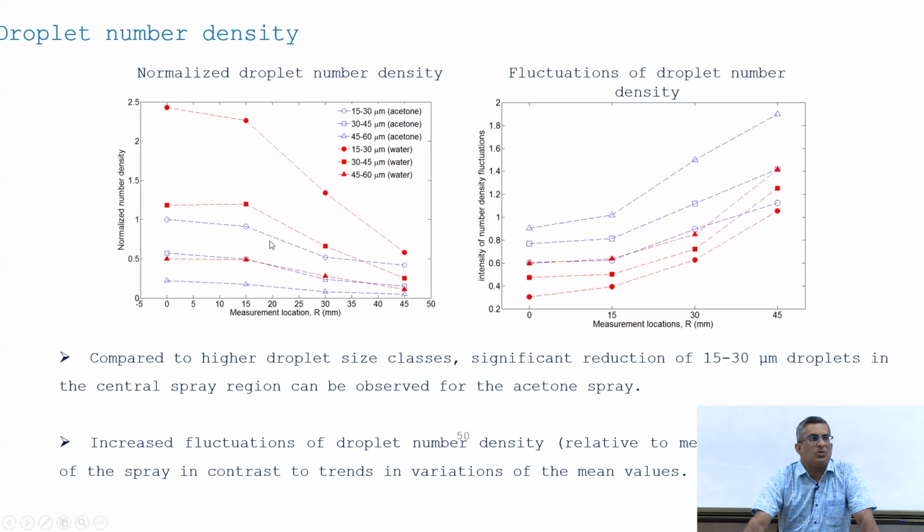What happens to the mean number density when we look at the water spray and the acetone spray? The number density, as you can see, reduces significantly, and also for both cases it reduces towards the edge of the spray. And what happens to the fluctuations of the number density, that also we can measure, and here we see that the fluctuations increase towards the edge of the spray.